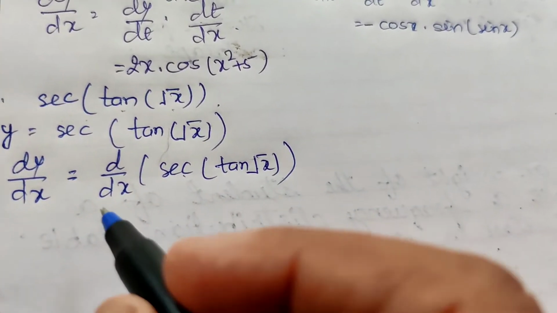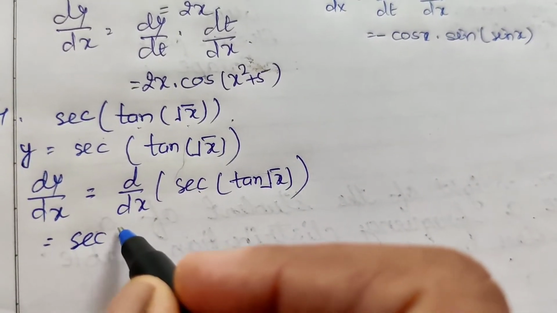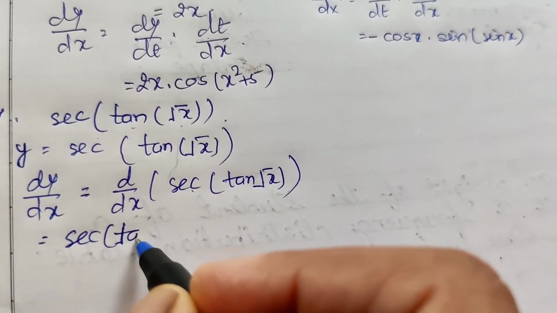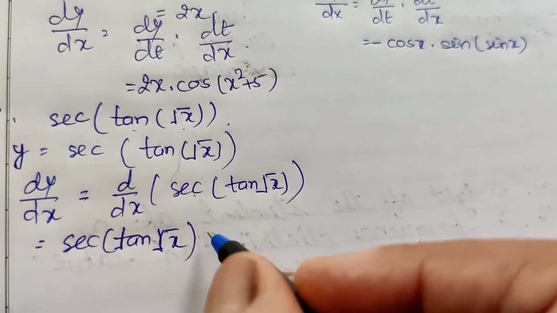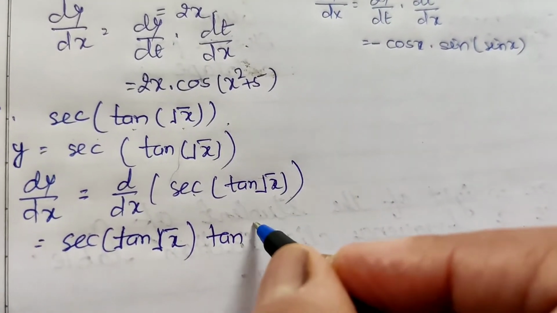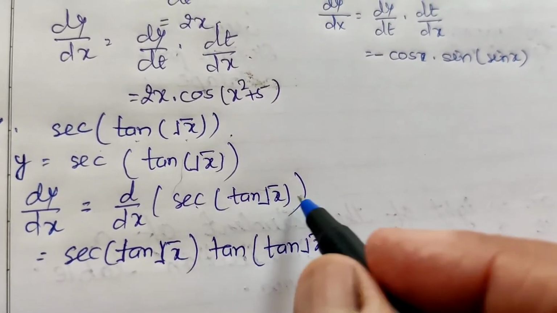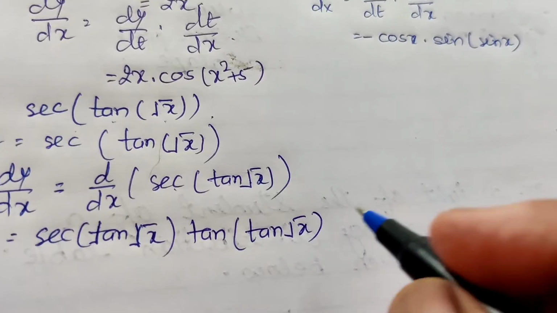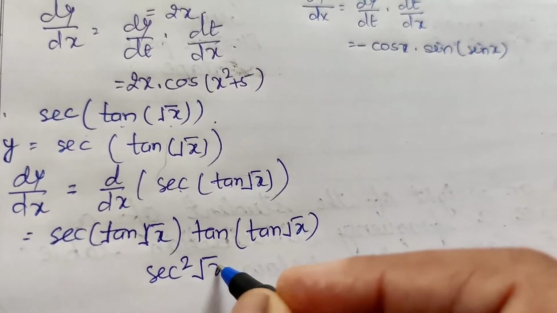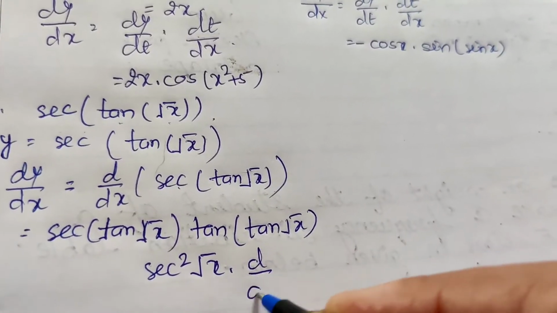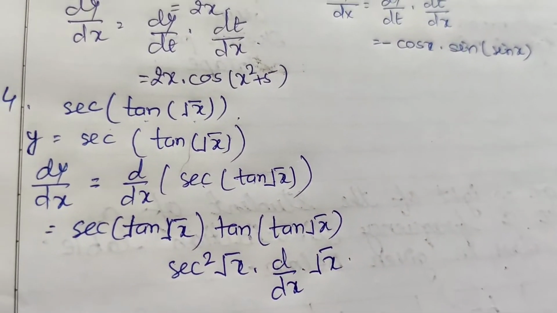The derivative of sec x equal to sec x tan x. Now the derivative of tan x is sec square x, and the next is d over dx of root x.